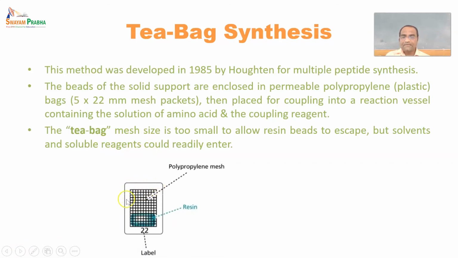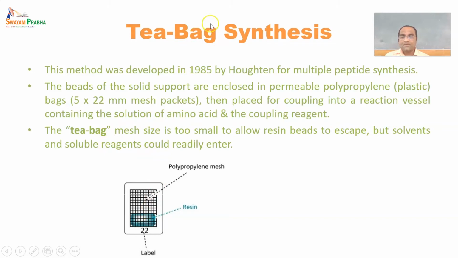Such a bag has a 22 mesh size, and its size is 5 mm, and this is nothing but a resin. The resin has an anchor and a polypropylene mesh. The polypropylene mesh is permeable only for solvents and soluble reagents to enter.